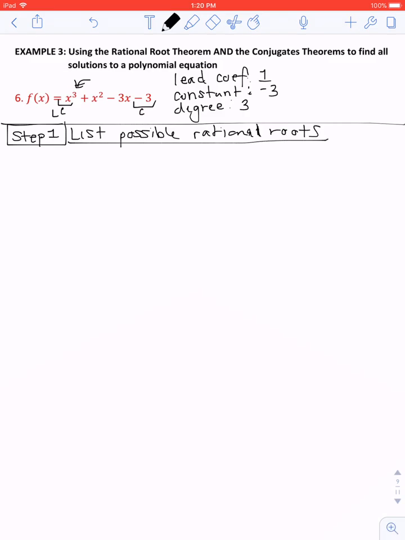We list our possible rational roots based off the rational root theorem of plus or minus p over q, which are your factors of constant, in this case of 3, all over your factors of your lead coefficient, which in this case is 1.